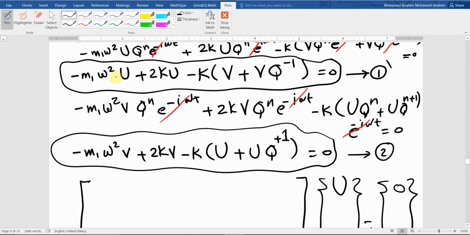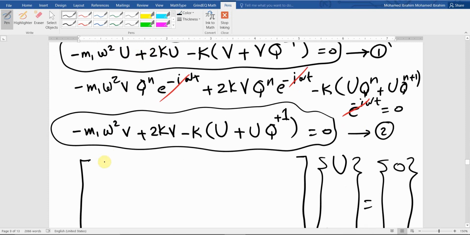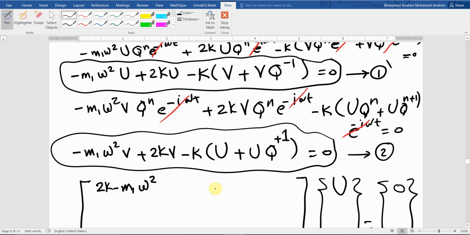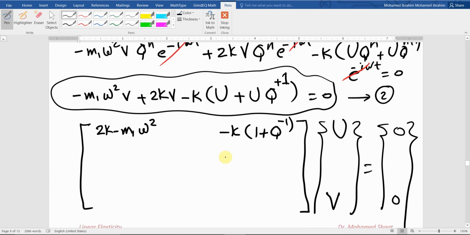So just collect the terms that include the U. The coefficient of the U will be 2k negative m1 omega square, and the coefficient of V here will be negative k times 1 plus q negative 1. Make sense?